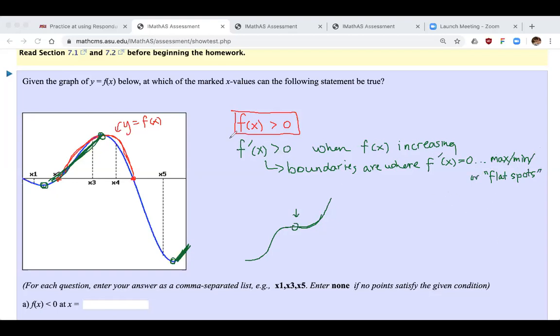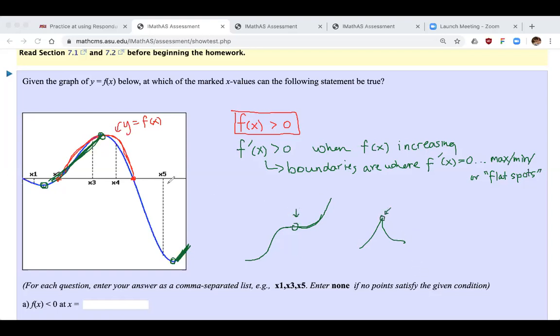So where f prime of x is greater than 0 versus less than 0, the boundaries of those intervals are places where the first derivative is 0, or another thing that this graph doesn't have, any places where the derivative is undefined.